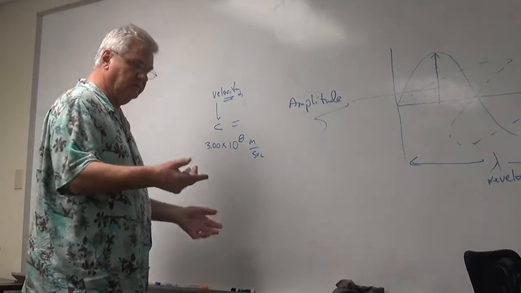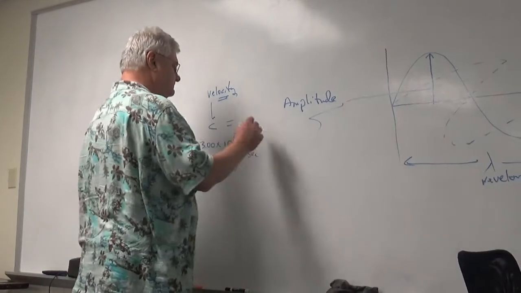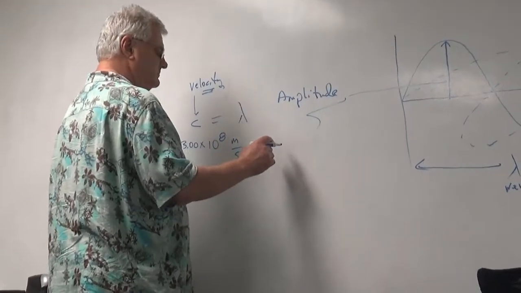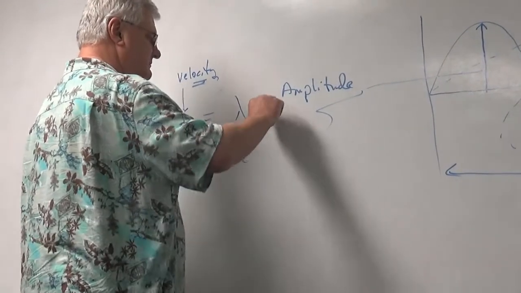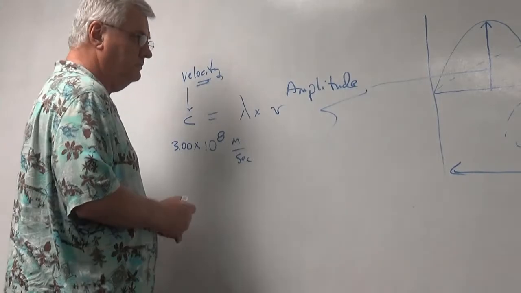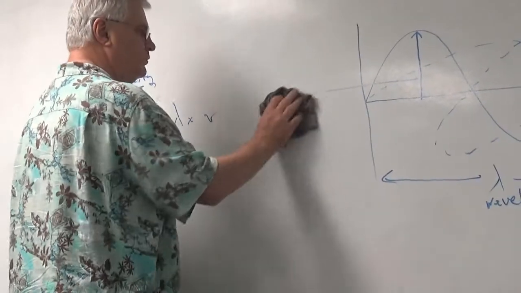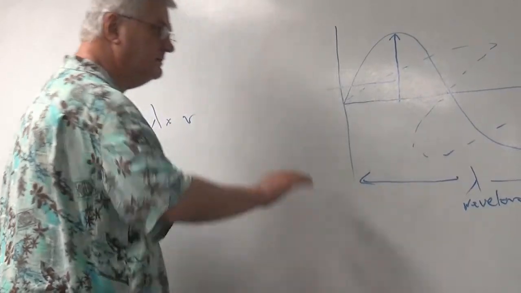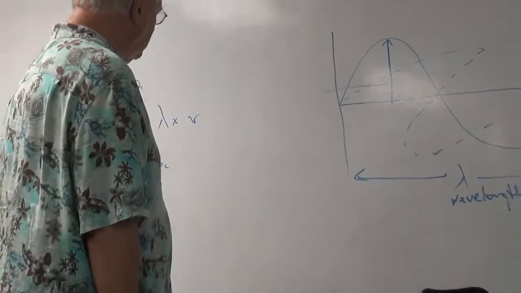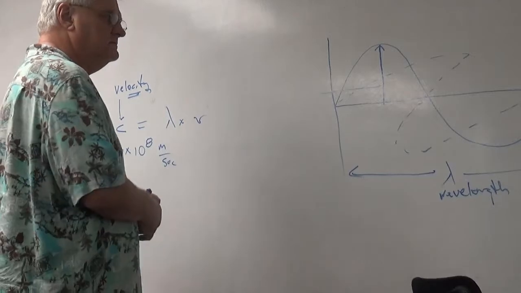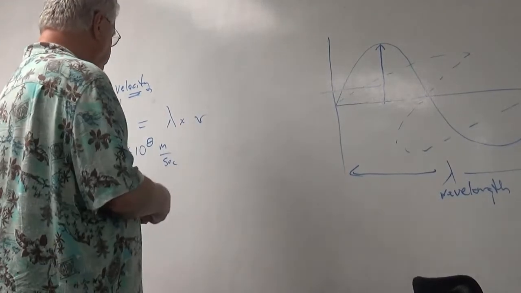And we mentioned that it's equal to the wavelength lambda times the frequency nu. The wavelength is the length of one cycle, and the frequency is the cycles per second.